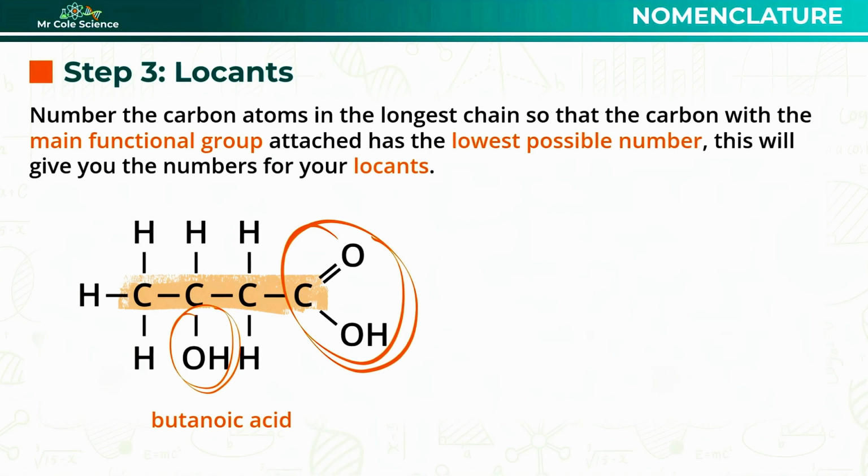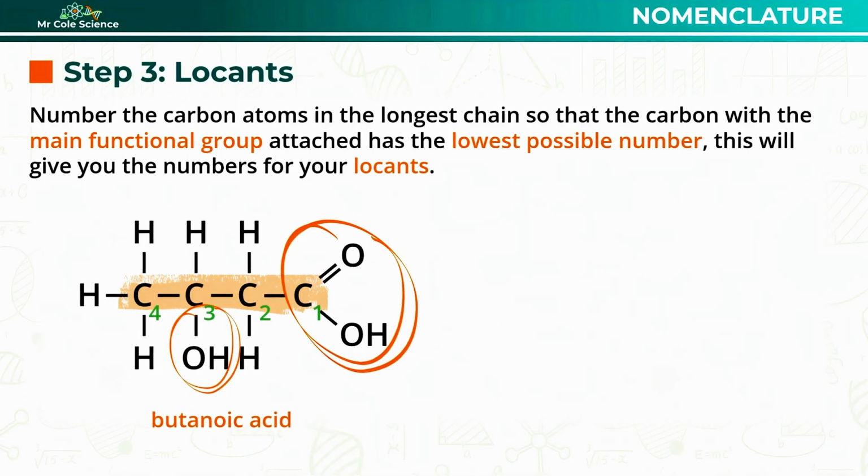But we also acknowledged we'd need to add in some information about the hydroxyl group later. Well, this is where an important part of our rule comes into play. We always have to give the main functional group, that's the one with the highest priority, the lowest number possible. So for this example, the carboxyl group has the higher priority, meaning it needs to have the lowest number, so I have to number right to left along the chain.